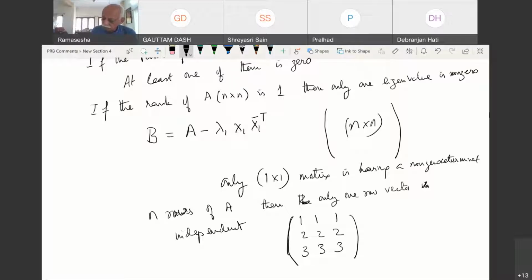Yes, because all the rows are linearly dependent on others. Every row can be expressed as a multiple of one of the rows. For example, row 2 is row 1 times 2, row 3 is row 1 times 3, and so forth. Of the three vectors that you have, there's only one linearly independent vector.